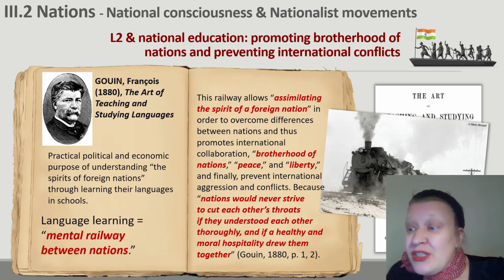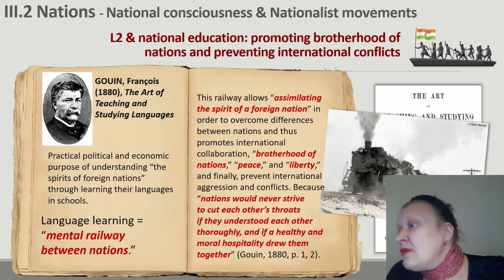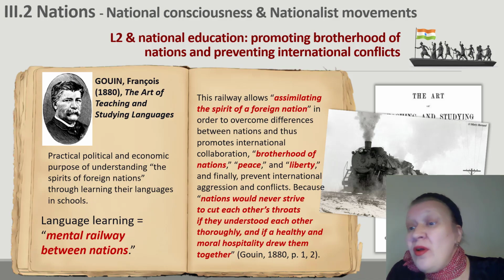Because nations would never strive to cut each other's throat if they understood each other thoroughly and if healthy and moral hospitality drew them together. Foreign language learning in schools was supposed to play an important political role in the emerging global world.